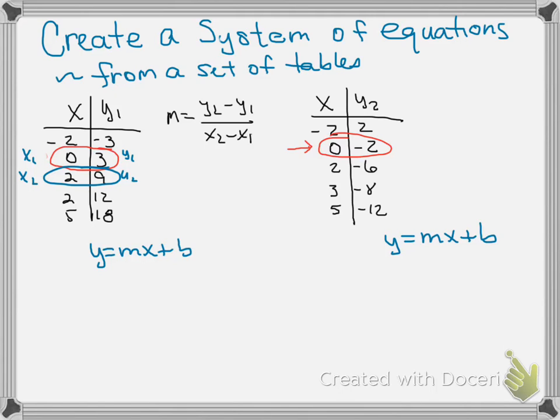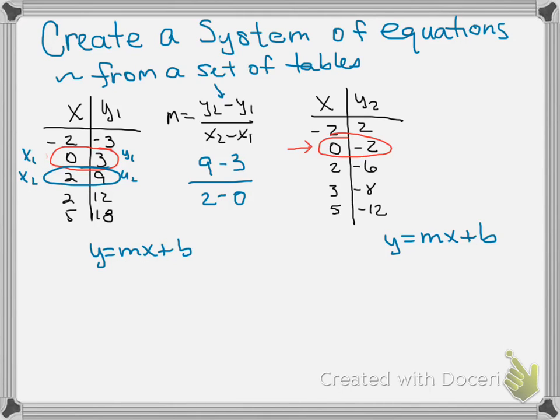So I'm going to plug in my numbers. My y2 is 9, and we have minus, and my y1 is 3. Remember, we're working right here with these guys. Then the x2 is going to be 2, and we have a minus. Don't forget, we're getting these minuses from our formula. Minus our x1, which is 0.